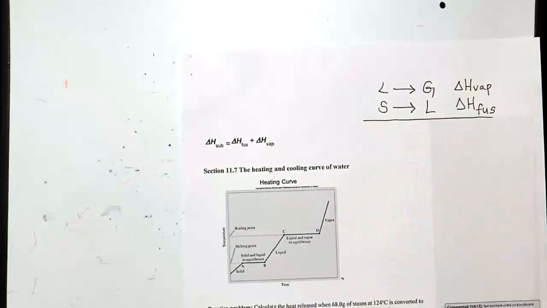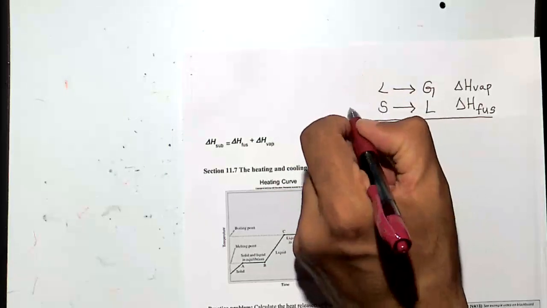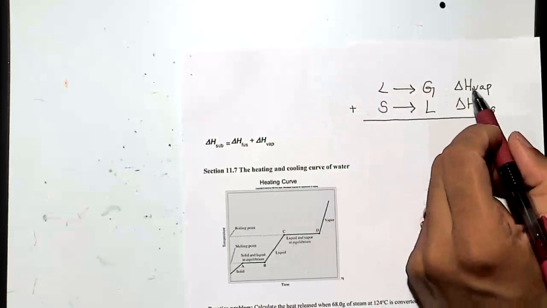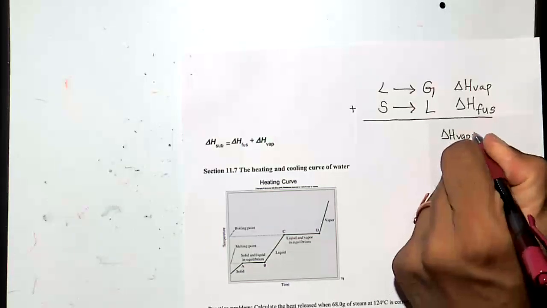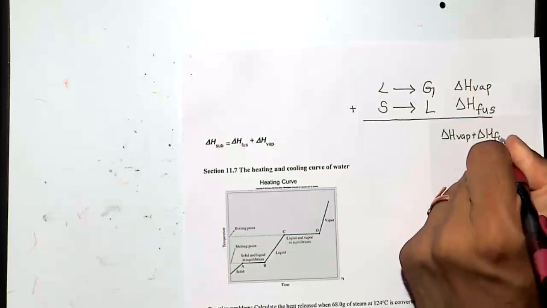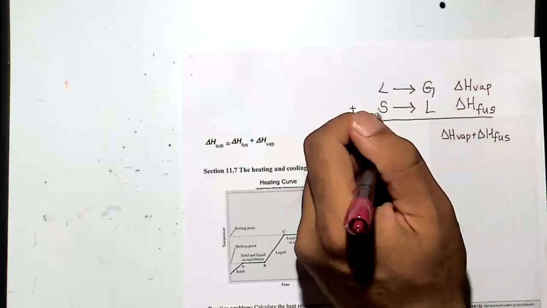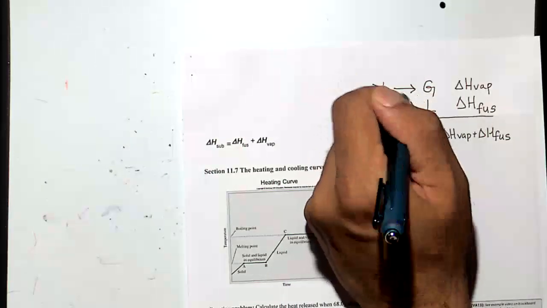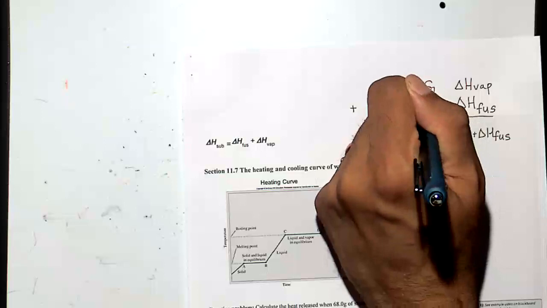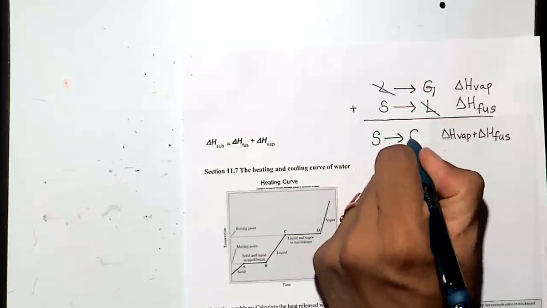Let's say we add these two equations. If we add the delta H vaporization plus the delta H of fusion, we add the energies, and we add these two chemical equations. The liquid on the reactant side cancels with the liquid on the product side, and we are left with solid going to gas.